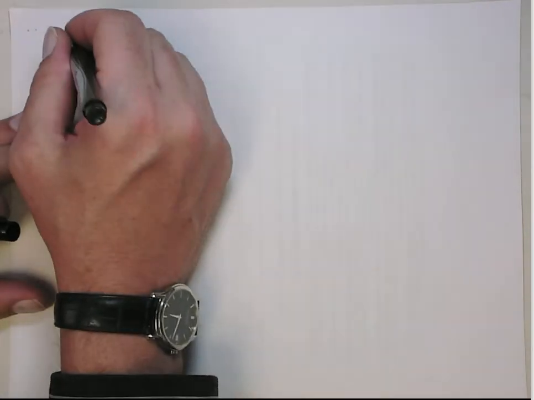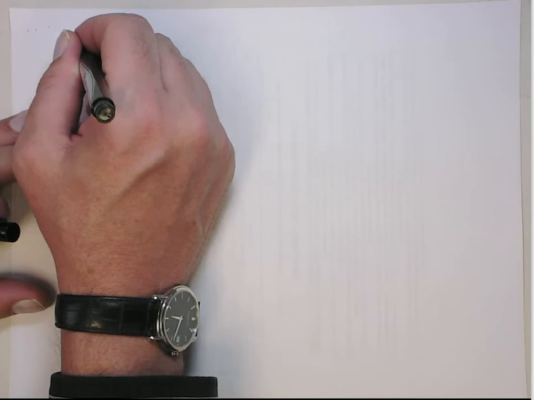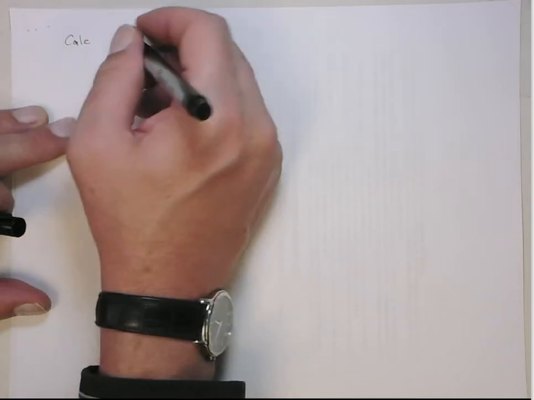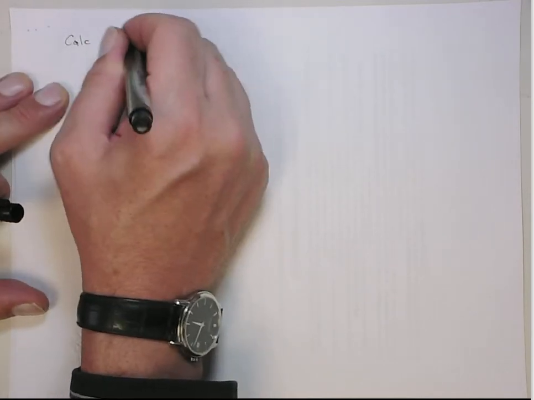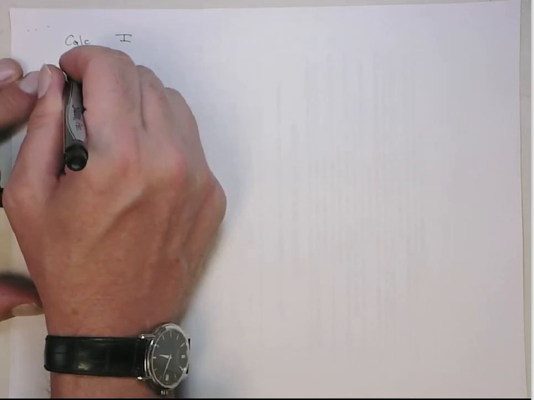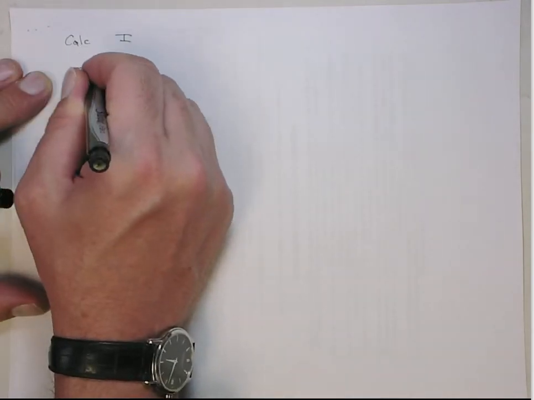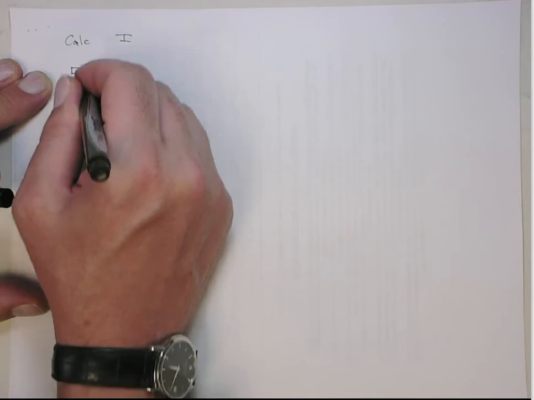Okay, so let's get the geometric factors. This is pretty easy. We want to calculate I, all right? So this beam is symmetric.